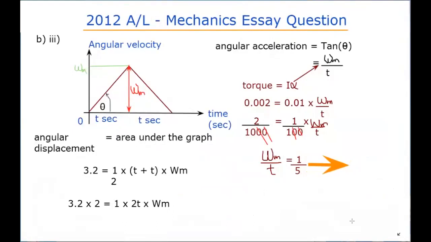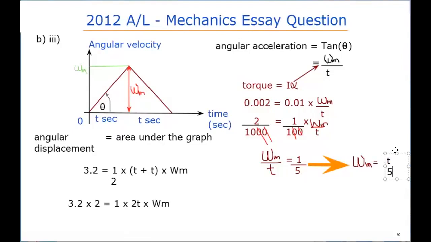From this, we can obtain an expression for omega m. What is omega m according to this here? Just take t to the other side. So it will be t over 5. Am I right? Omega m is equal to just t divided by 5.